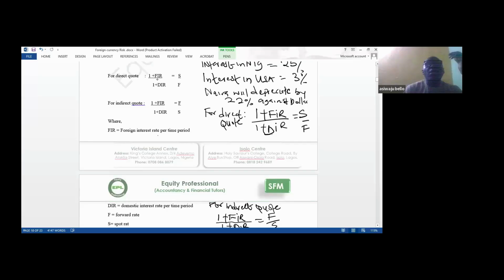For direct quotes, the formula is 1 plus FIR over 1 plus DIR is equal to S over F.